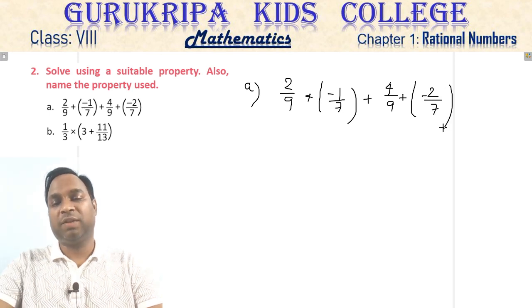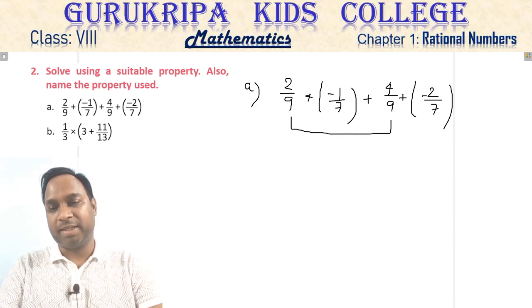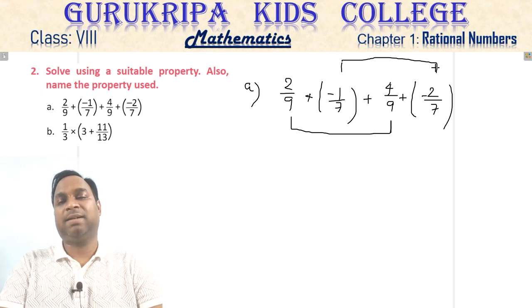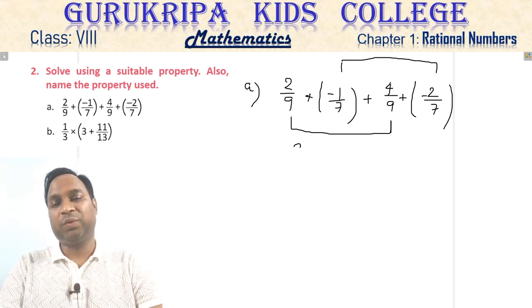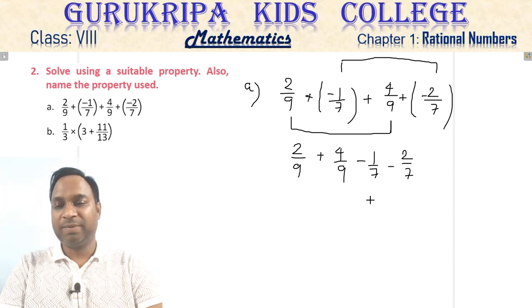Now how should we solve it? It will be better if we add these two numbers first and then these two numbers, and then we will add the two results. So what can we do over here? 2 divided by 9 plus 4 divided by 9 minus 1 by 7 minus 2 by 7. We can solve it in this way.